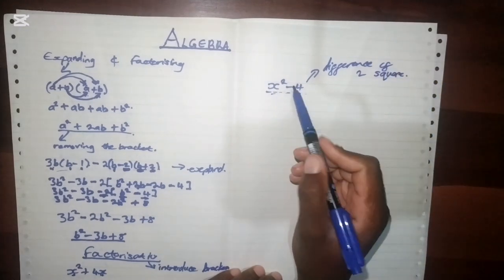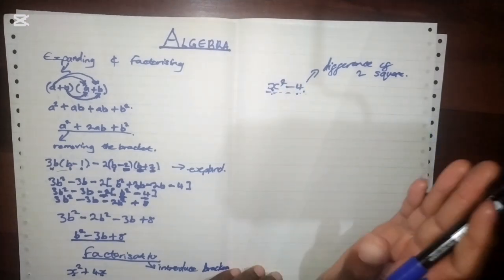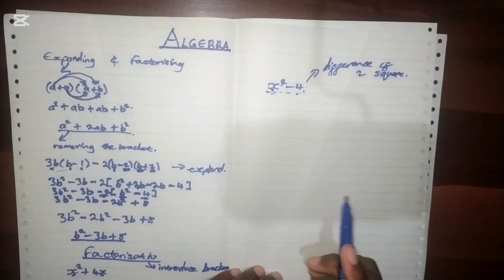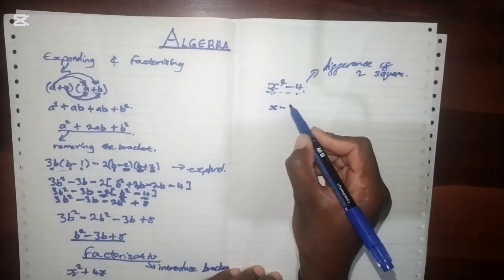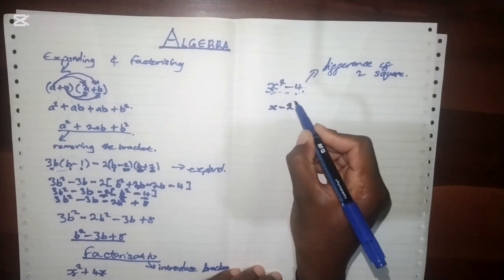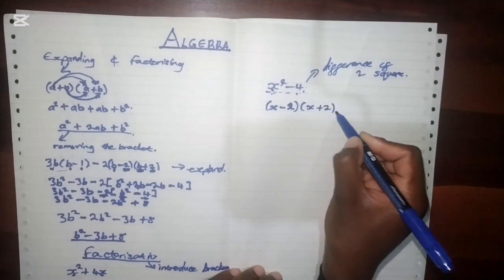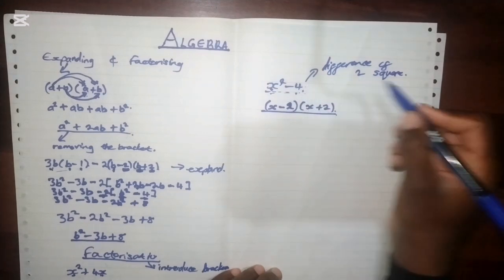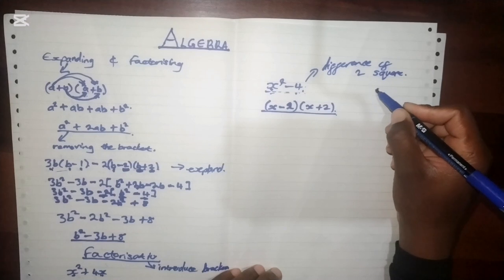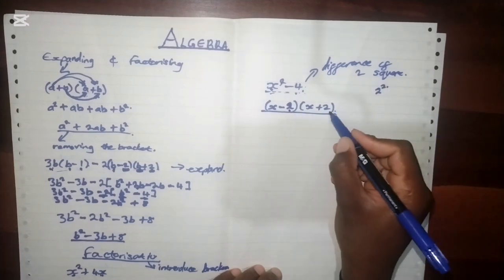The reason being that both x squared and 4 are perfect squares. So you factorize it this way. That's the difference of two squares. So 4 can be written as 2 to the power of 2. That's why we're using 2 there.